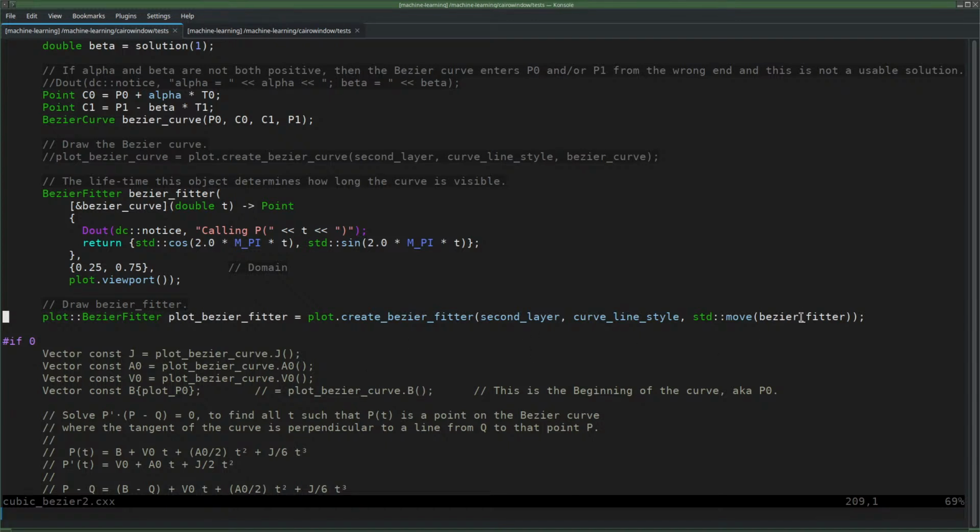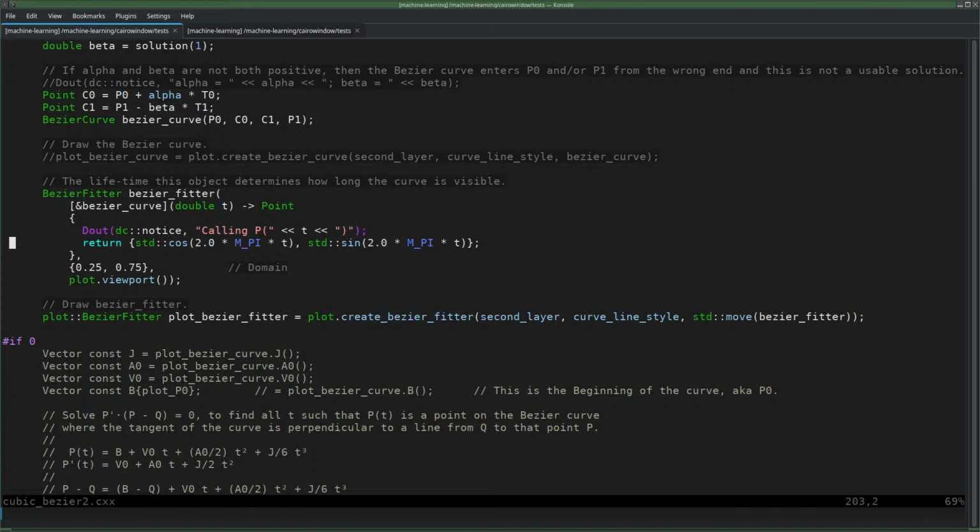Oh, because I'm drawing the Bezier fitter. Oh, no, sorry. I thought I was confused with that one. No, I changed too much, I think.